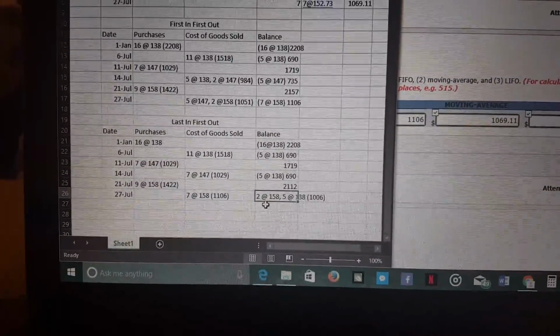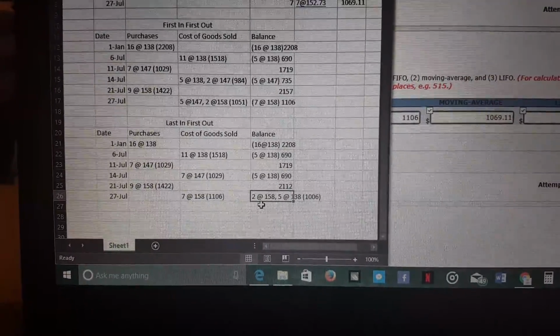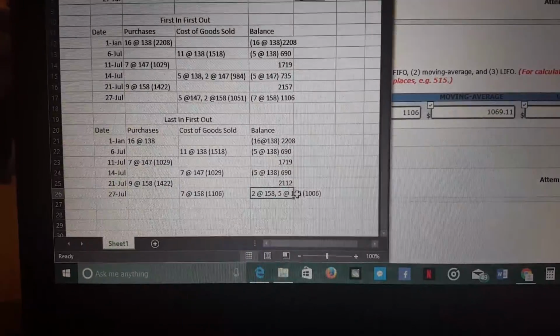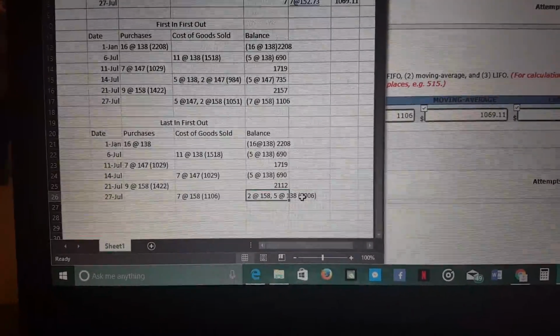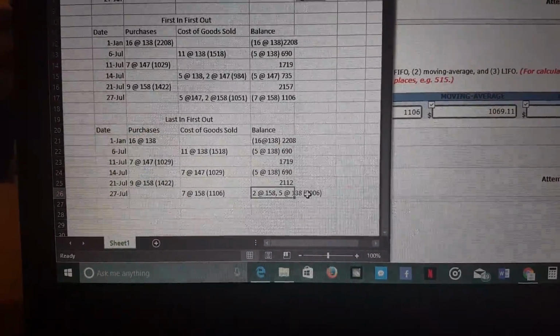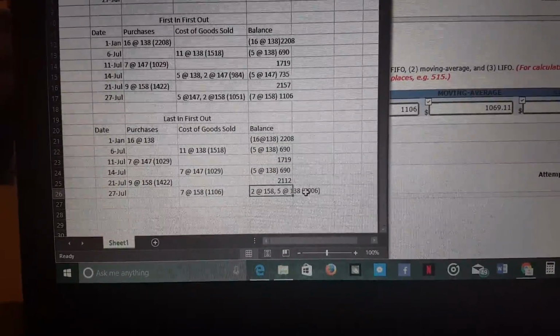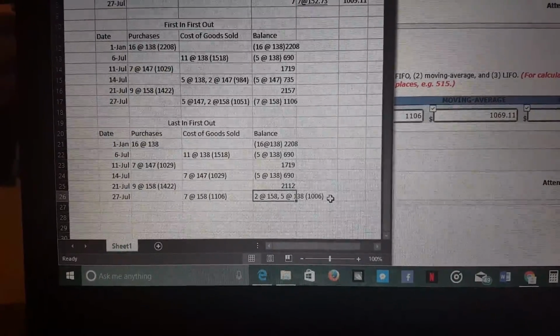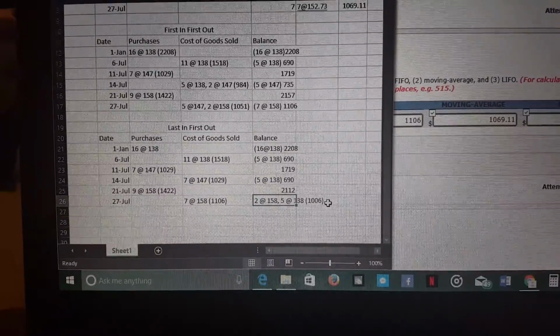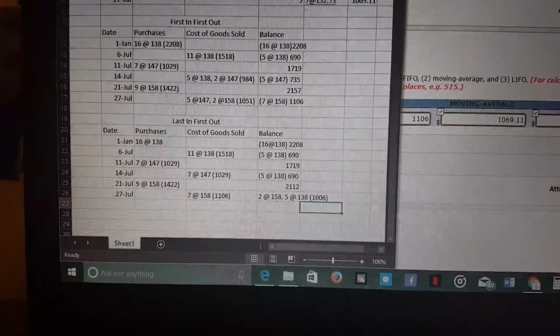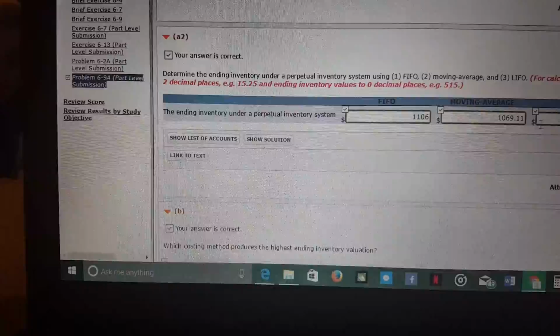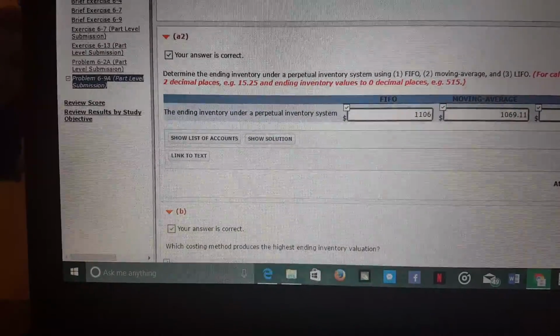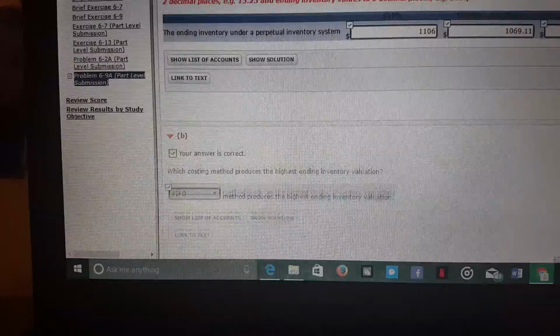So you multiply the 2 by the 158 and the 5 by the 138 and just add those 2 together. And I just did all this math on my phone calculator, and so that's why you don't see any equations in here. And that got me the $1,006. And so then I just went ahead, as you can see, and you put those numbers in here, and they should all be correct, and then you get to go on to the very last section.